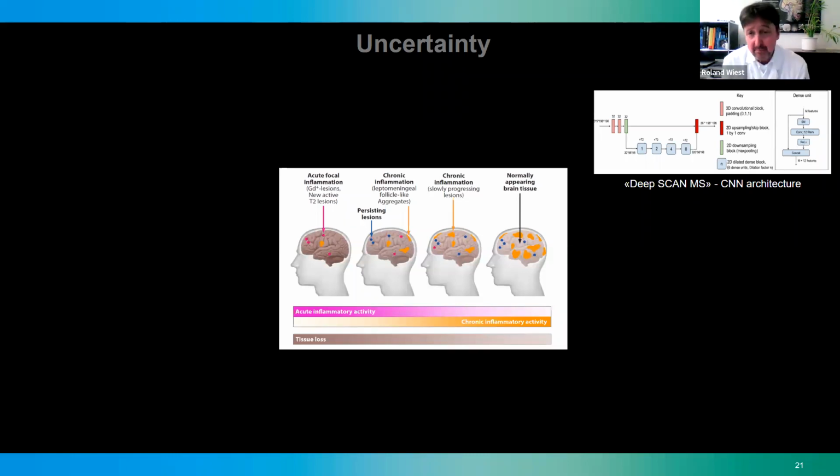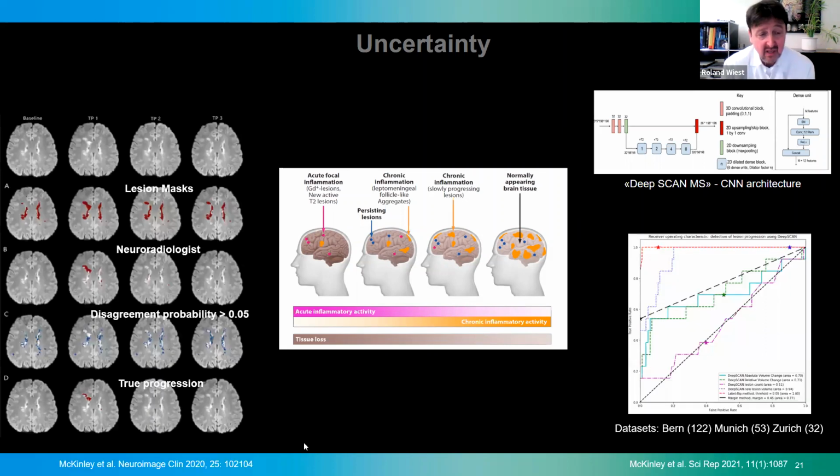It can also be done in a more simple way, and we are again in the field of multiple sclerosis imaging, where we want mainly to know if new lesions arise, or if lesions are related to slow progression. And there are also some attempts out in the field. One of them is also to provide the uncertainty by measuring the disagreement of a model with the trained ground truth, and also issuing this in kind of colored maps so that you easily can follow.